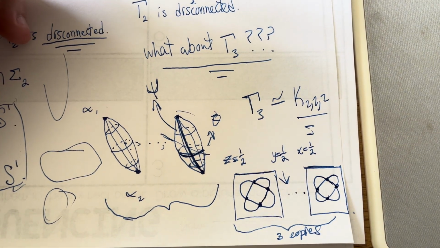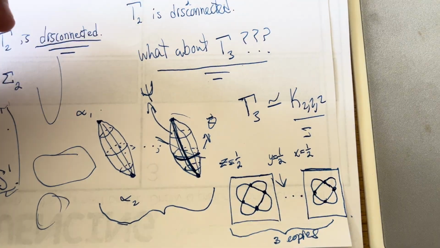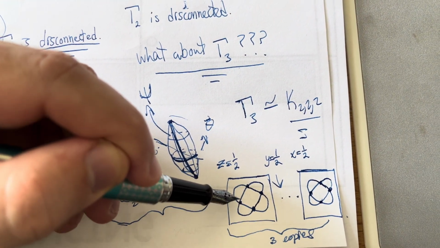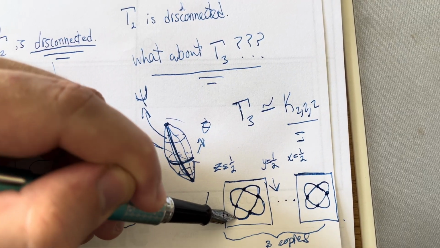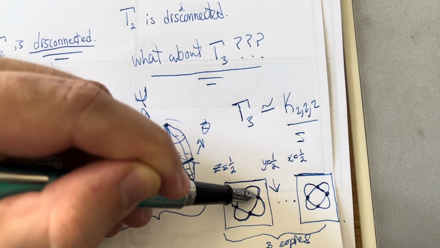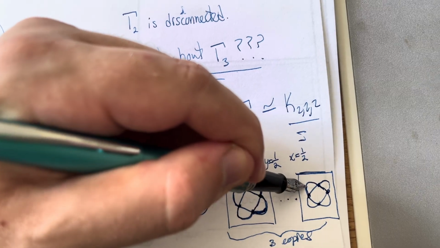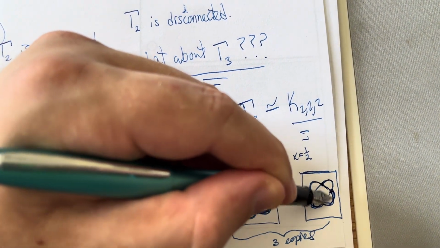So this outer part, it's a little bit hard to see, but this outer part would form the intersection portion. And this outer part forms the intersection part too.